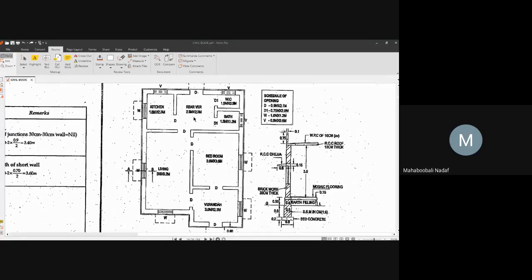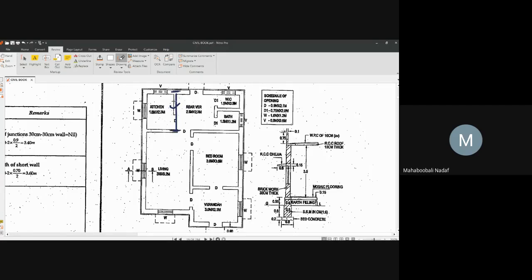First, for the first 20 centimeter wall, we are going to the inside wall between kitchen and rear veranda. This distance, no? Are you understanding? This one. So this length, how much? 0.3 by 2 plus 2.3 plus 0.2 by 2, correct?